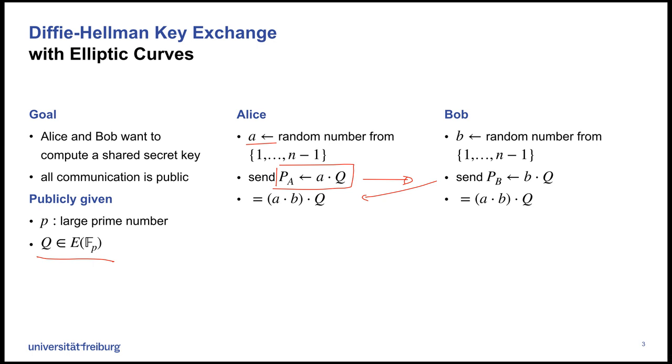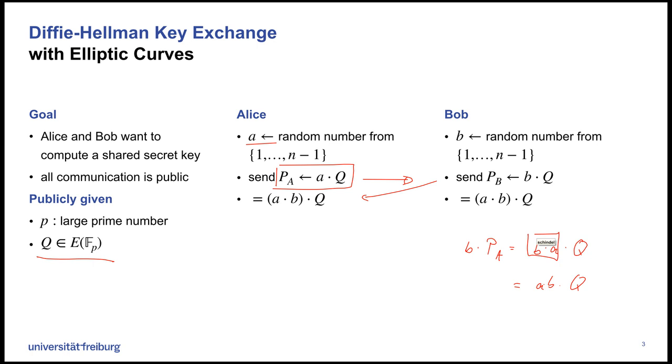And then we compute B times PA, which is B times A times Q, which is AB times Q. Again, this here is just integers multiplied.